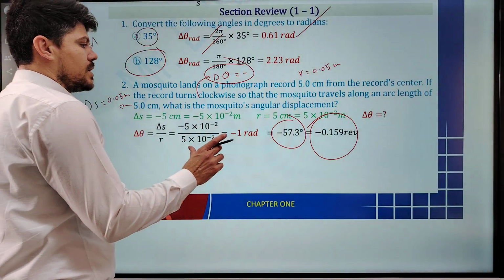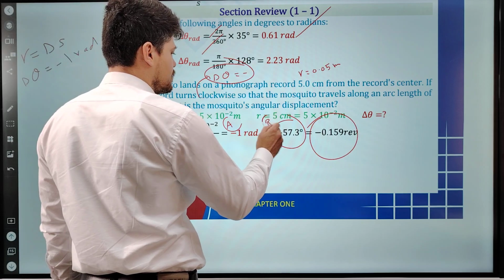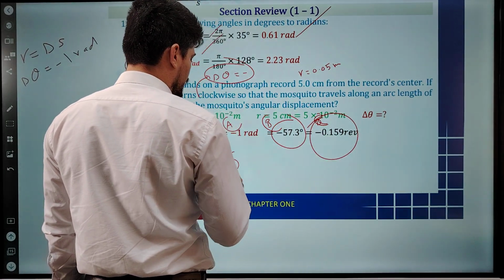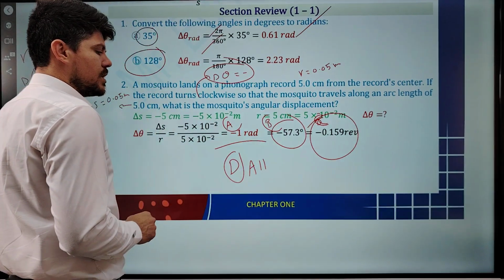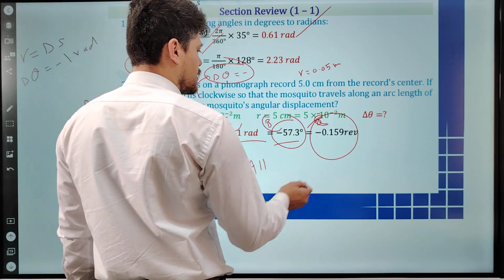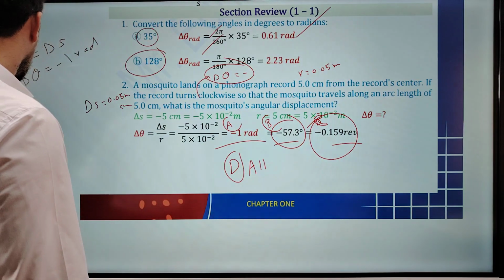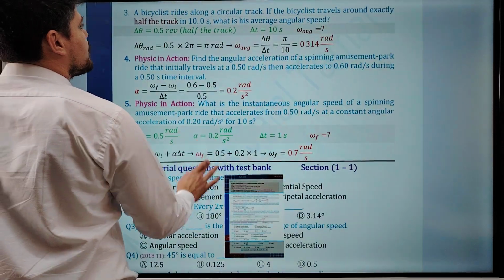If you see this in the exam as multiple choices, A, B, C, which one is correct? D is correct, all of them. Theta has 3 scales, and we can represent it in all scales, but for solving questions we have to use rad.